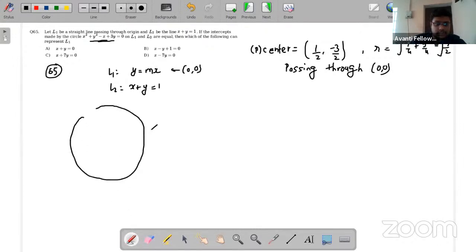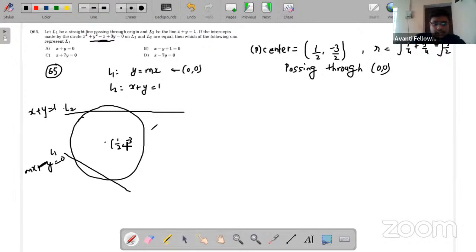This is one circle. Okay, there is one line, another line, both are making equal intercept. This is L1, whose equation is mx minus y is equal to 0. Second equation is x plus y is equal to 1 for line L2, and the circle center is 1 by 2 comma minus 3 by 2. Radius is also given. Okay, so what we do, we'll find out the perpendicular distance.